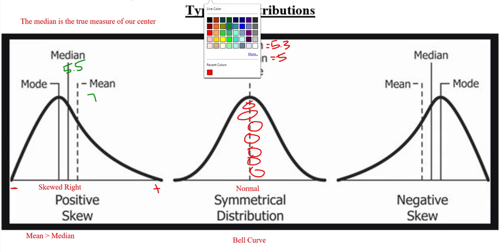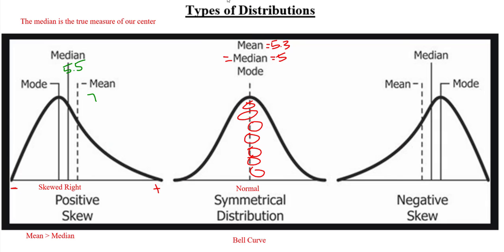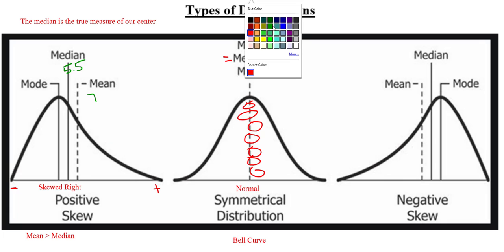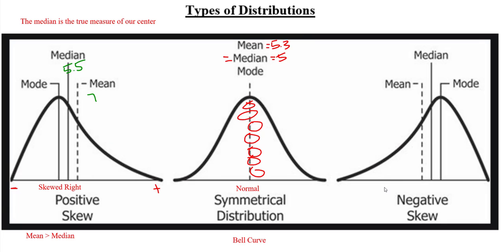All right, let's also take a look at this last one here on the right. We are looking at a negative skew, and if you haven't guessed it already, this is what we might call skewed left. Let me just hit enter here. Skewed left, if you take a look, the mean is now to the left of the median.